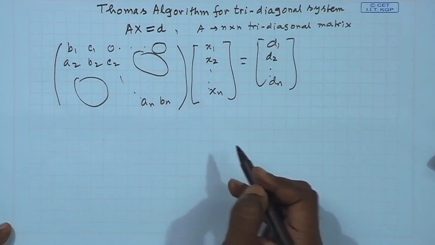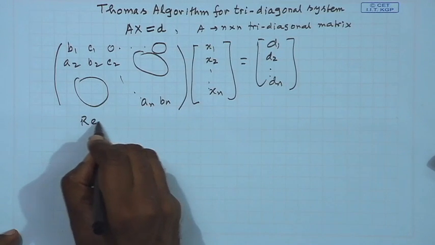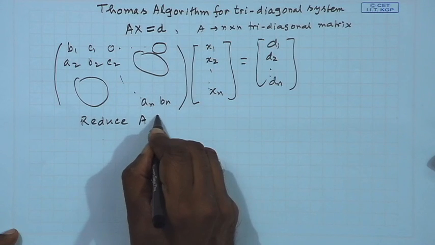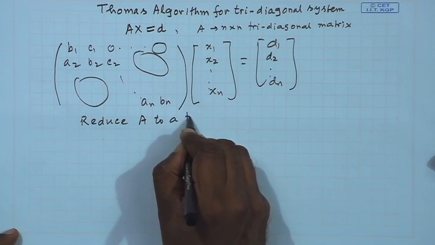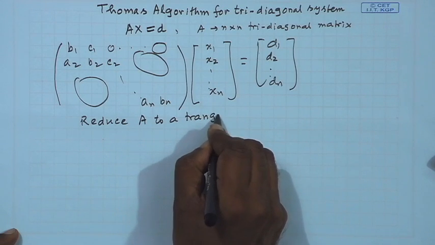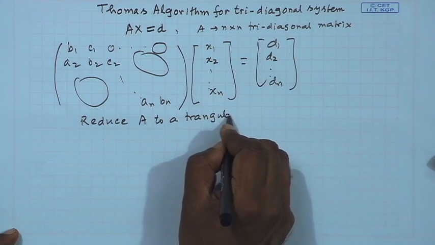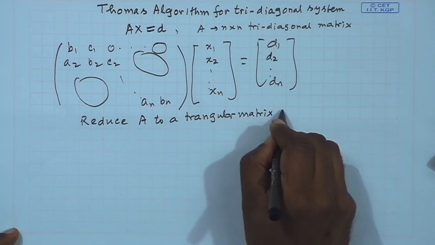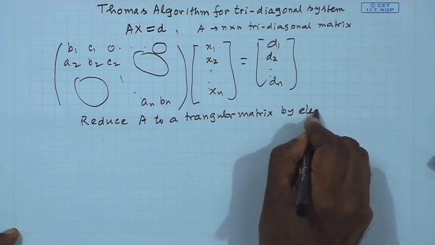So in this, what we will do is reduce A to a triangular matrix by elementary operations.